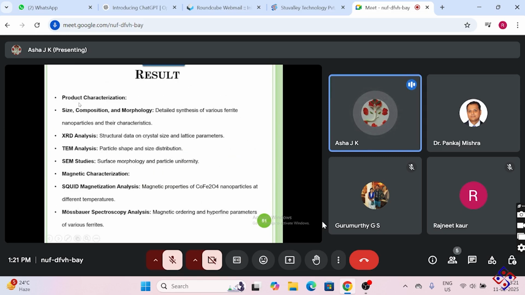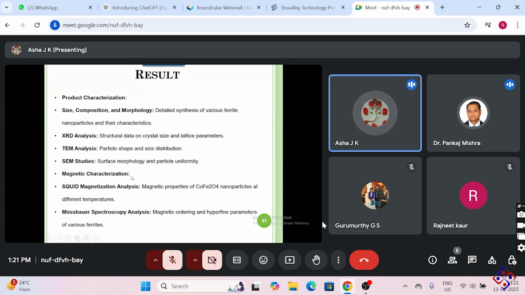Next is the result, that is product characterization: size, composition, and morphology. Here a detailed synthesis of various ferrite nanoparticles and characteristics. XRD analysis gives structural data, crystal size and lattice parameters. TEM analysis gives shape and size distribution. SEM studies give details on the surface morphology and particle uniformity.